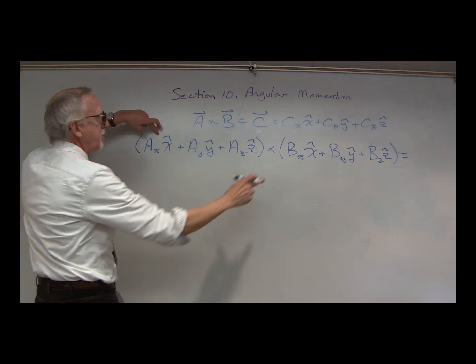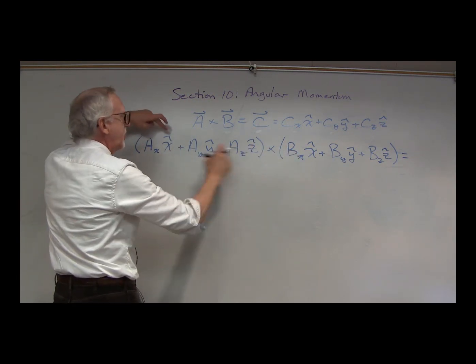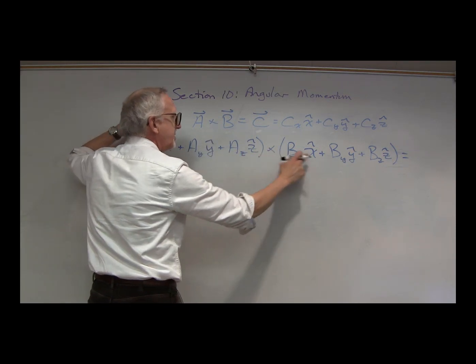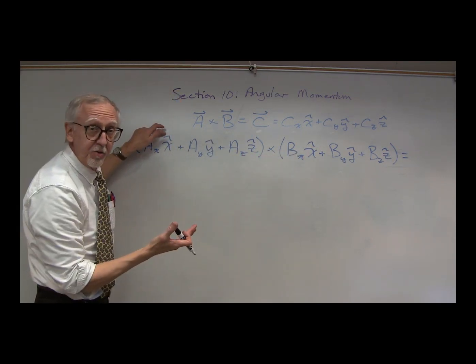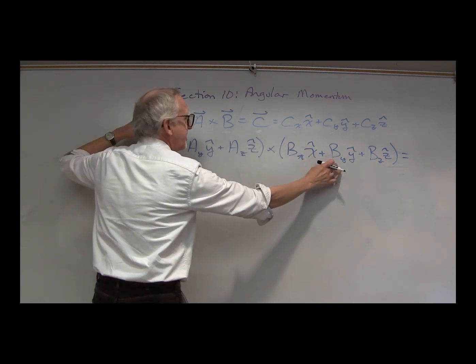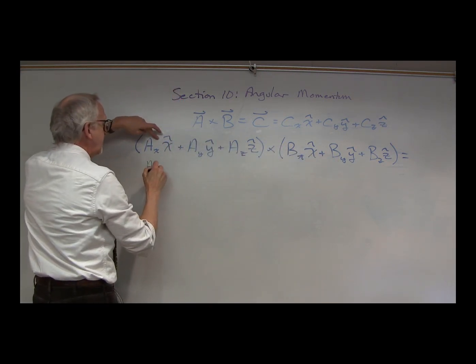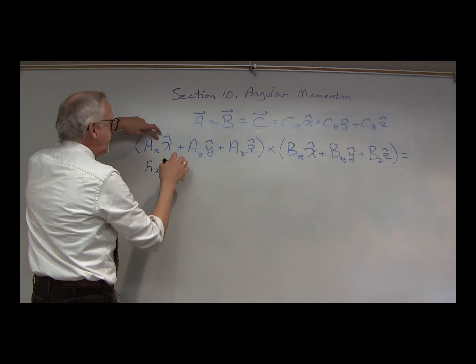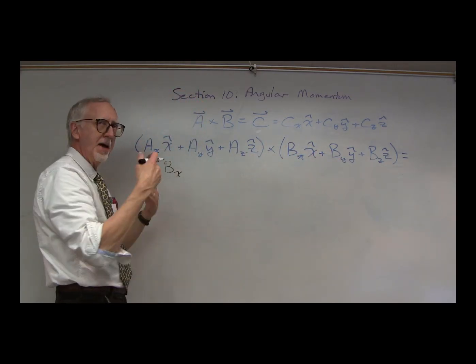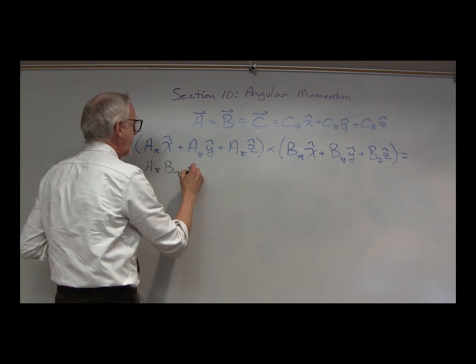So first times first is x hat, so it'll be ax times bx times x hat cross x hat. But we know x hat cross x hat is 0. And then we'll have this term cross this term. So we'll have ax, by, x hat cross y hat. But we know that x hat cross y hat, x, y, z, is z hat.